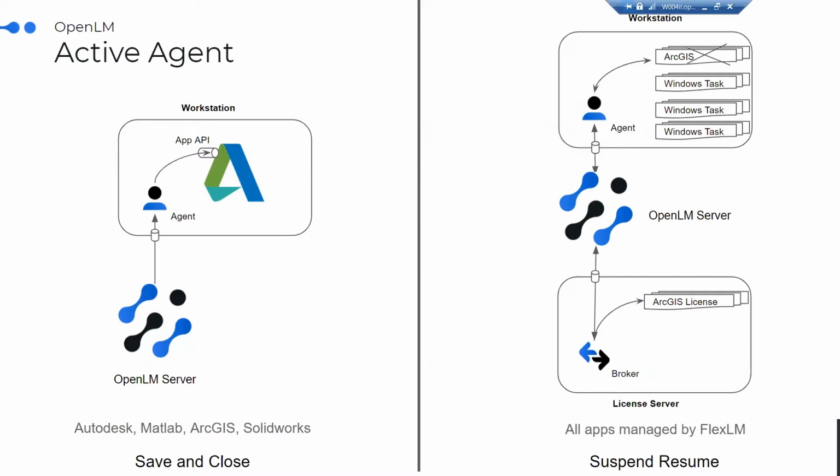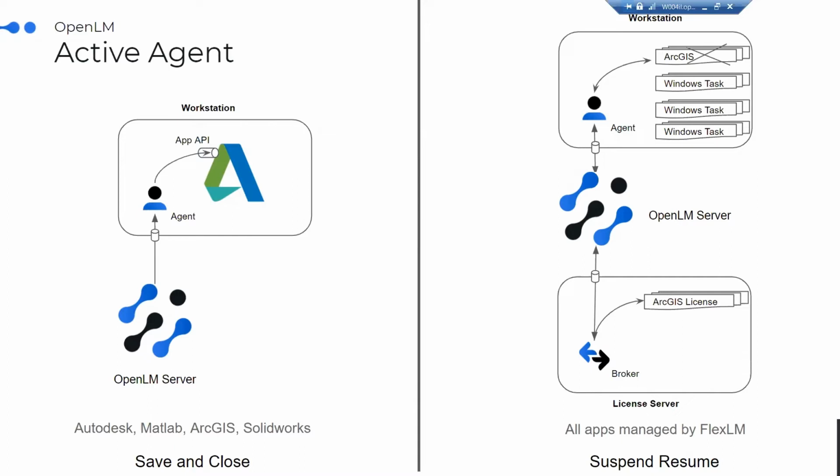If it's one of the applications I mentioned, basically the OpenLM server talks to the agent application. Now, the agent has to be rolled out on the end user workstations where the application is installed.